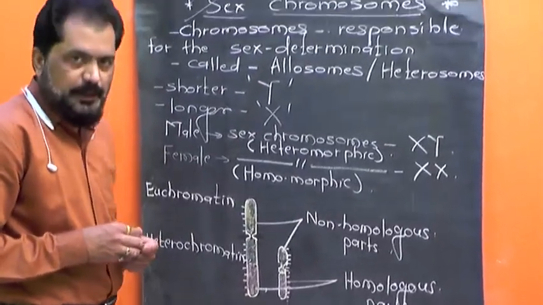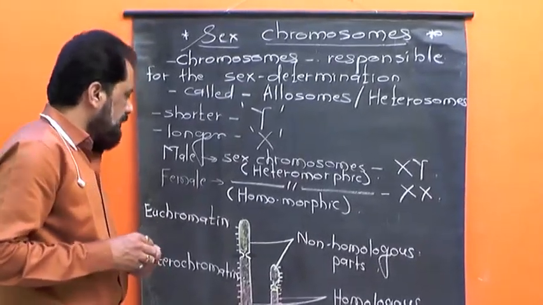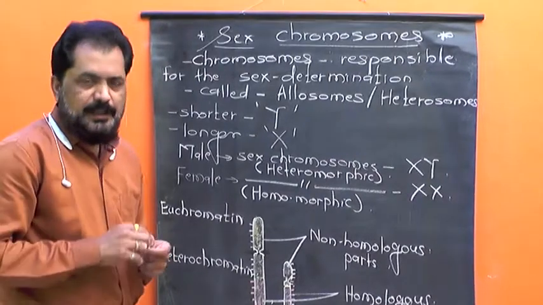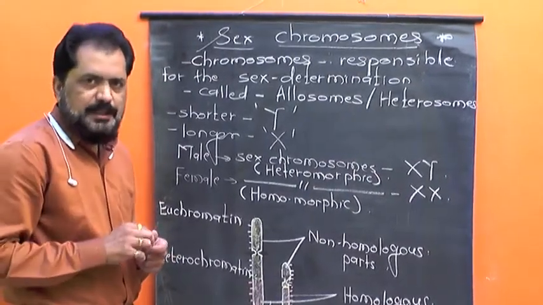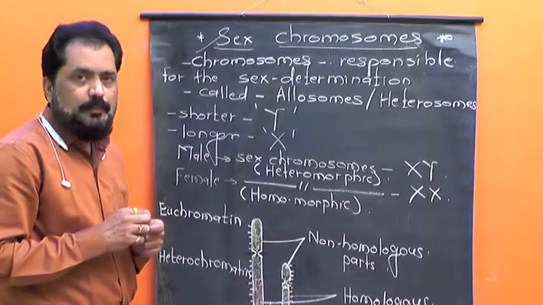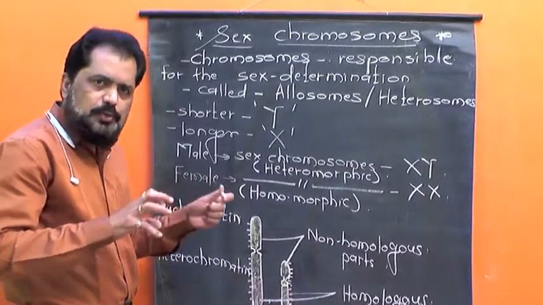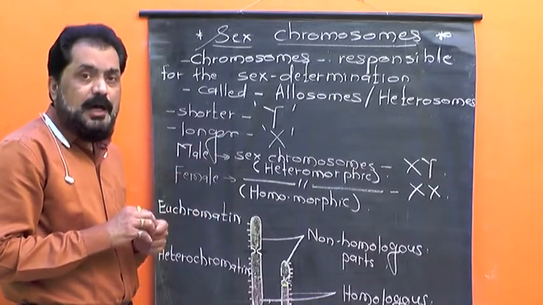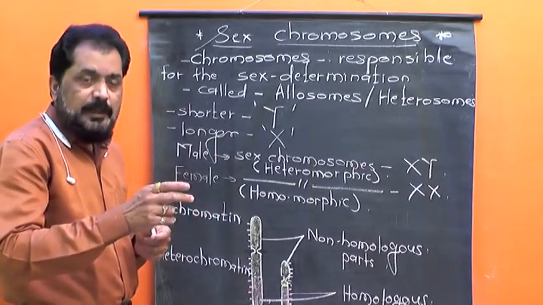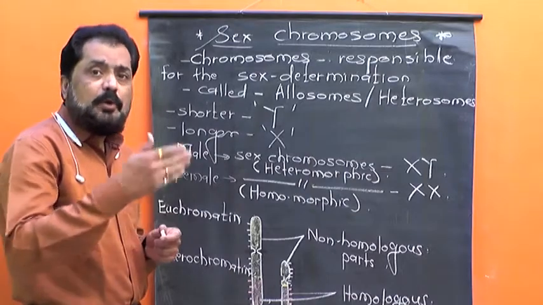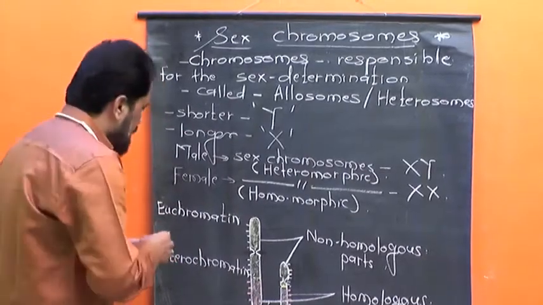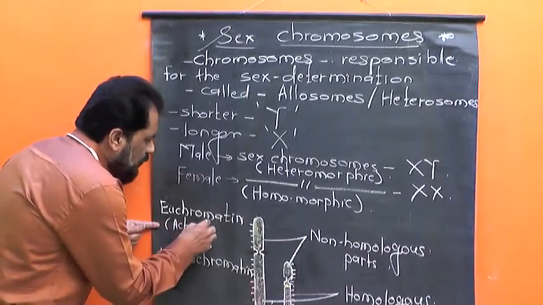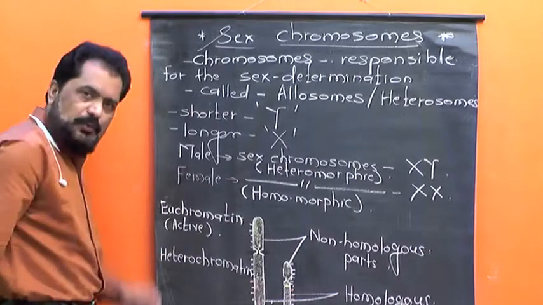Euchromatin means it is the extended part of chromatin. Extended means it is the loose part of the chromatin, and thus it contains a large amount of DNA, ultimately a large number of genes, and therefore this euchromatin is considered the active chromatin. It is called active chromatin.